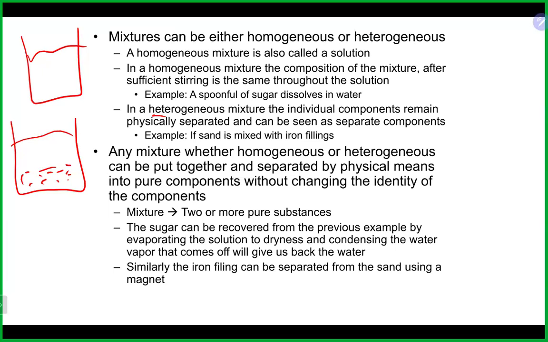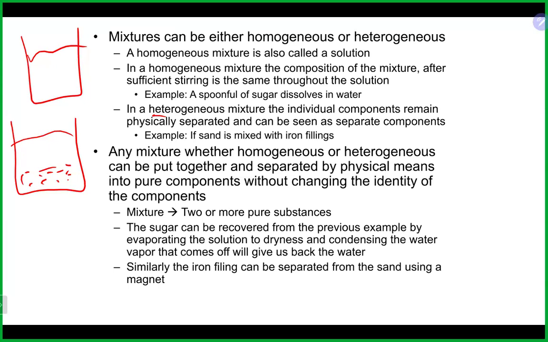Now, regardless of whether you have a homogeneous or a heterogeneous mixture, you can still separate out your components by some type of physical means. That could be boiling, which takes advantage of differences in boiling points, or other physical properties.